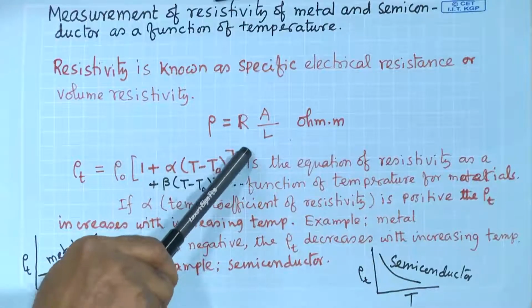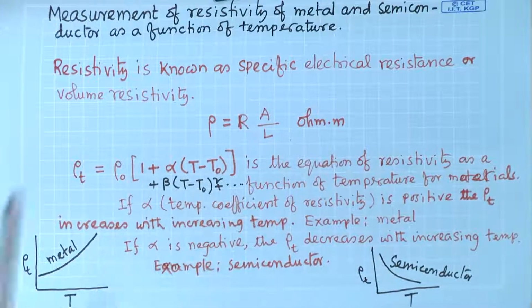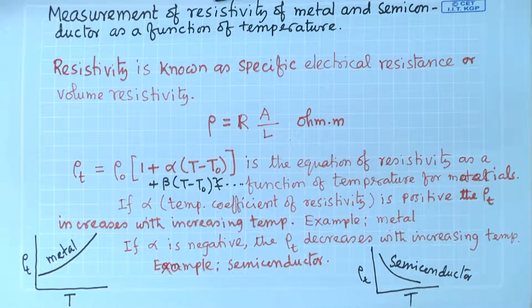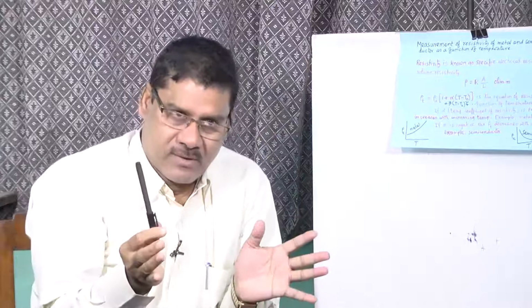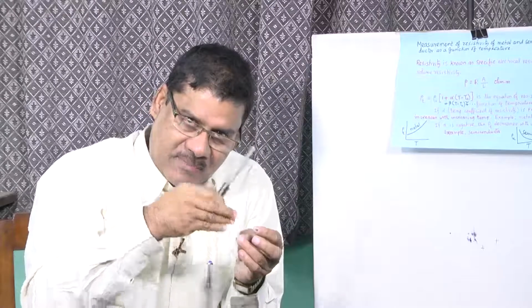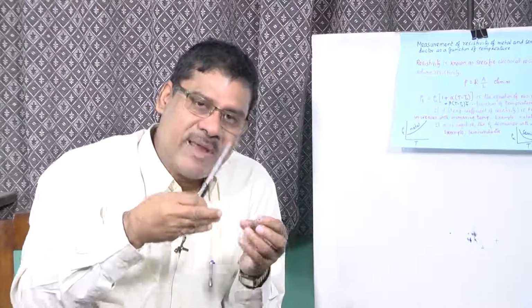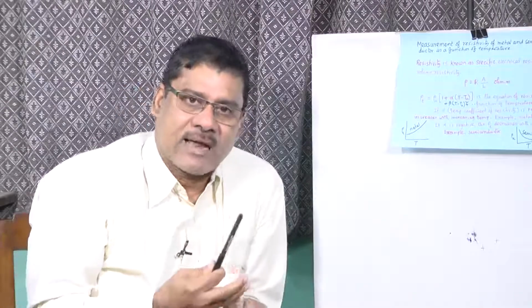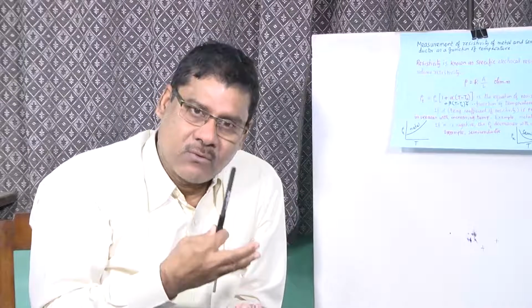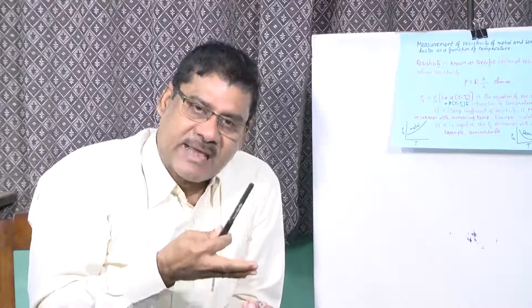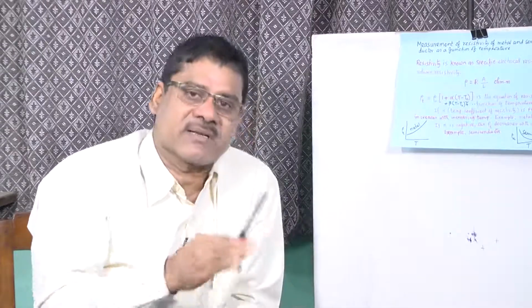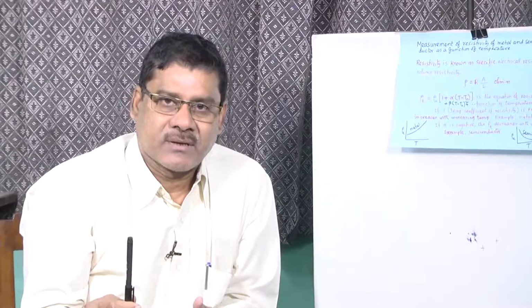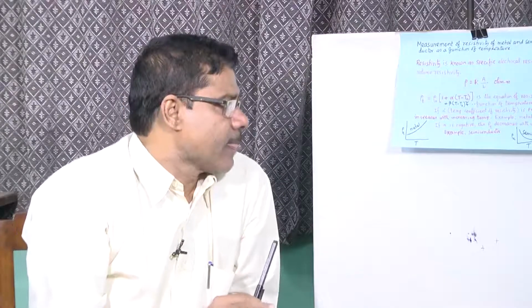It will depend on the other higher terms also, depending on the range of the temperature, so the form will be different. That we can find out by fitting the experimental data of the resistivity versus temperature curve.